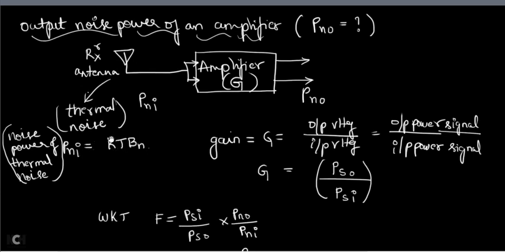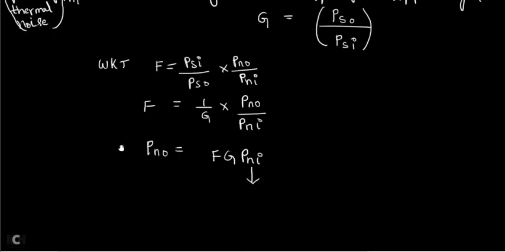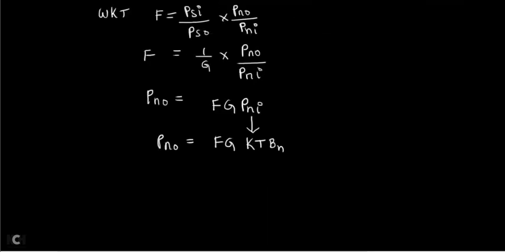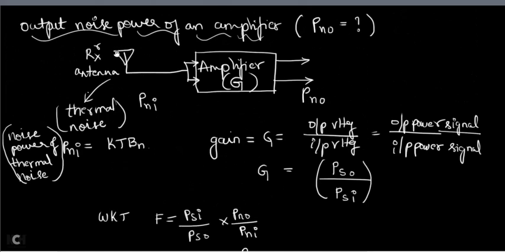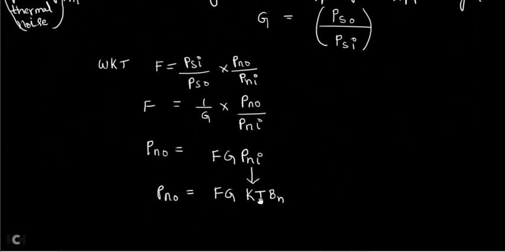So let me substitute this KTBN in the equation here. I am going to write now PNO is equal to FGKTBN. KTBN is the input noise power for the amplifier coming from the receiving antenna, and that thermal noise equation you should remember and substitute here.